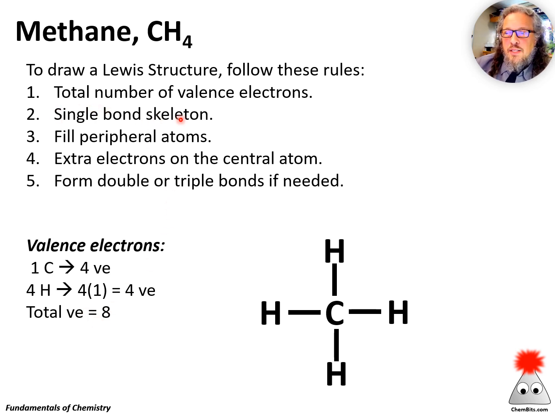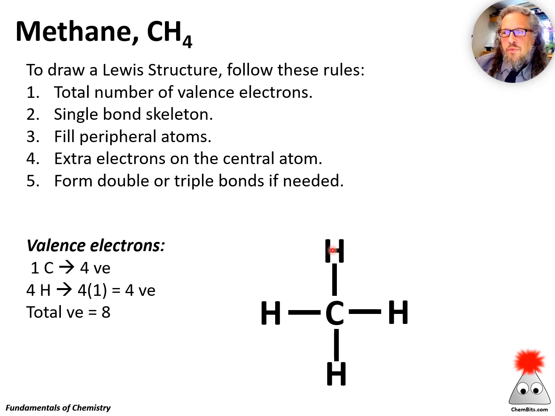Draw a single bond skeleton. So carbon is the biggest atom here, so we'll put it in the center, and we'll draw a single bond skeleton to the hydrogens. This has used up 2, 4, 6, 8 of the valence electrons. So this used up all the valence electrons. So step 3, fill the peripheral atoms. Each hydrogen can only hold 2 electrons.